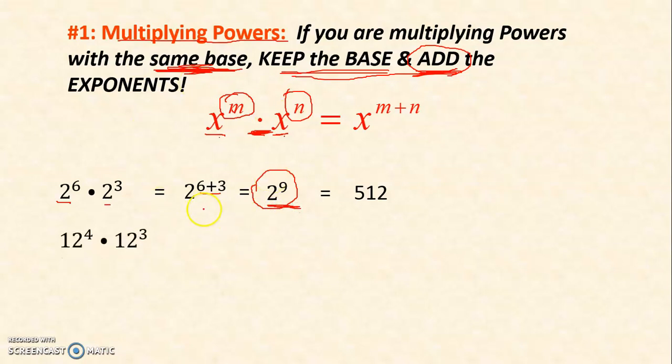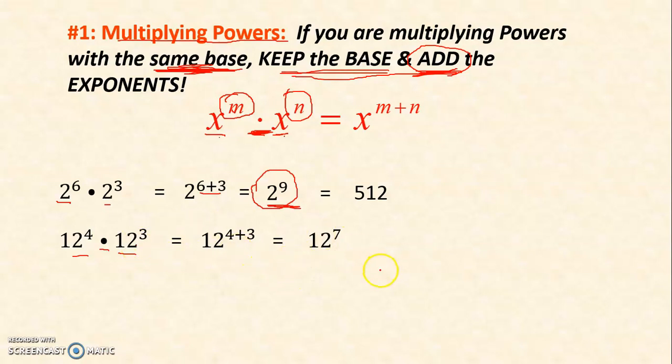Next, we have here 12 raised to 4 multiplied by 12 raised to 3. The operation between them is again multiplication. They have the same base, 12 and 12. So you now have 12, just add the exponents, 4 plus 3, and that is equal to 12 raised to 7.